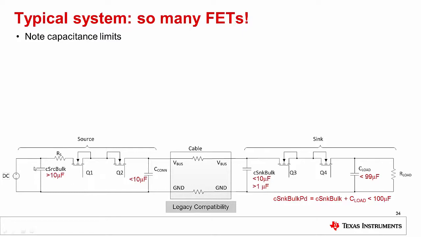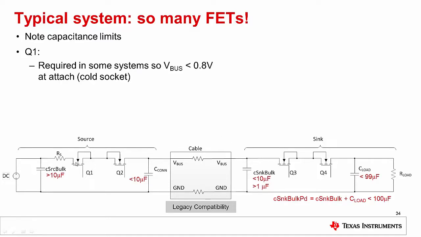The source is almost certainly going to have much more than 10 microfarads of bulk capacitance, but that's hidden behind these power switches. So at the connector, make sure you have less than 10 microfarads so that you can have legacy compatibility. On the sink side, it's very similar. It needs to have less than 10 microfarads at the connector, and then it might have more capacitance on the load, but the total should not be more than 100 microfarads.